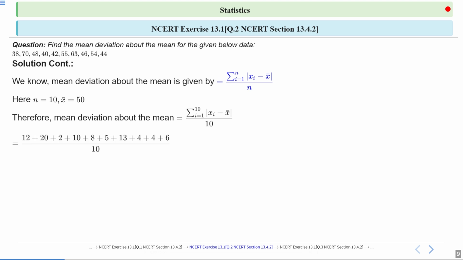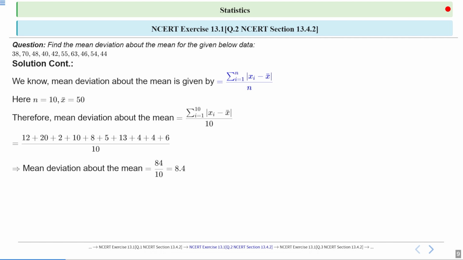Here the sum of the given data points is 12 plus 20 plus 2 plus 10 plus 8 plus 5 plus 13 plus 4 plus 4 plus 6. This is basically the sum of absolute deviations, divided by the number of data points, that is 10.